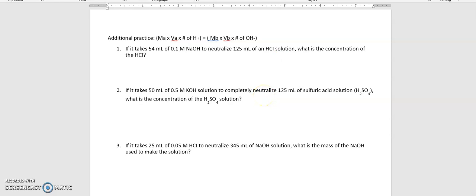So this is our tutorial on using the titration formula to figure out the concentration of a base or an acid when we're using a neutralization reaction.